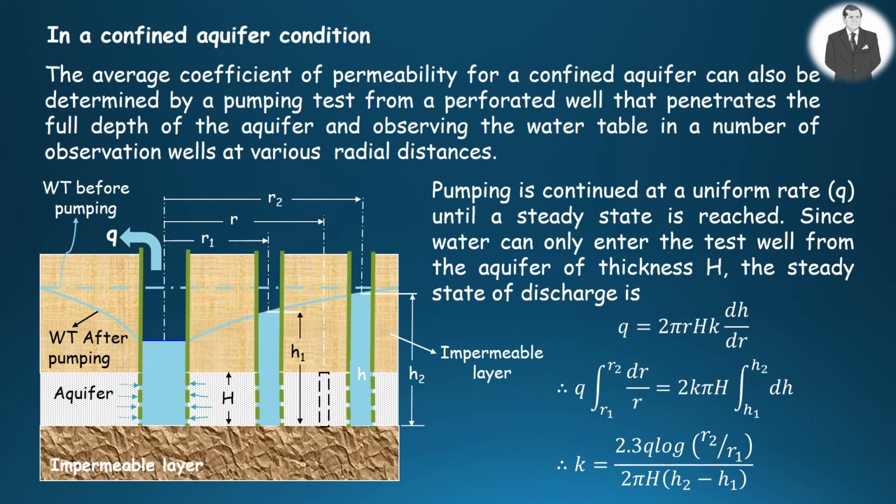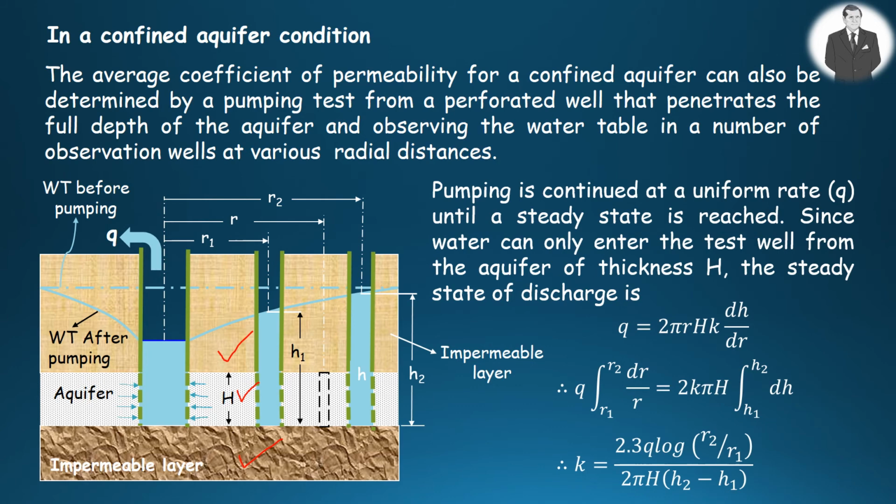Since water can only enter the test well from the aquifer thickness as shown in the figure, notice that the water-bearing strata is confined at the top and at the bottom with impermeable layers.